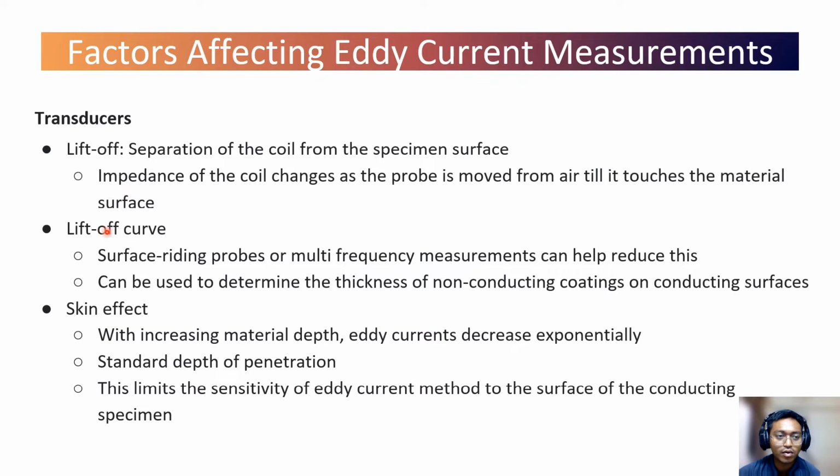The second transducer factor is the lift off curve. A surface riding probe or multi-frequency measurement can help reduce this. The lift off curve can be used to determine the thickness of non-conductive coating on a conducting surface. The last factor is skin effect. As the material depth increases, the eddy current will decrease exponentially.